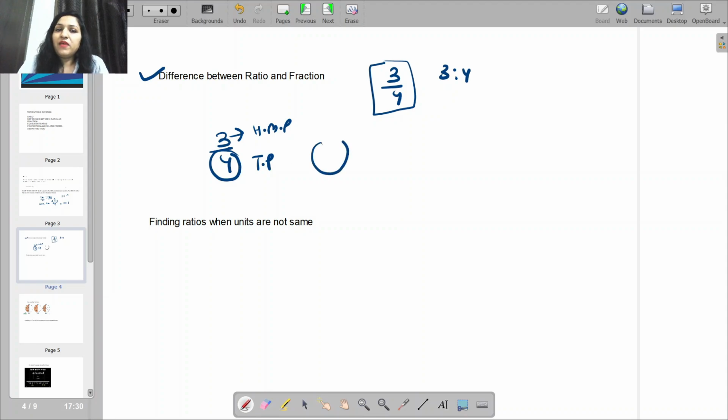So if let's say this is a complete circle which is divided into 4 parts, denominator 4. Out of this, if I take 3 parts, this shaded portion is 3/4. It makes sense, 3 out of 4.